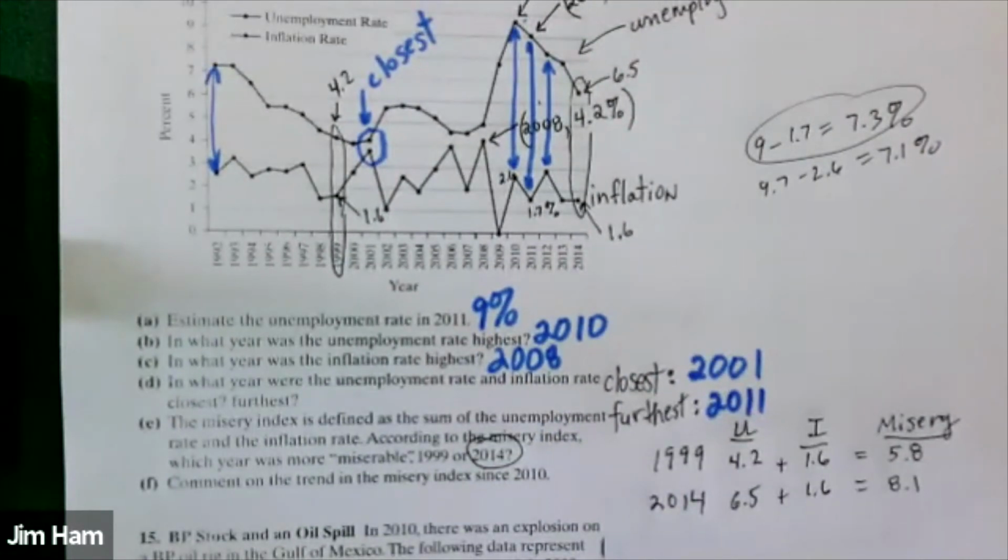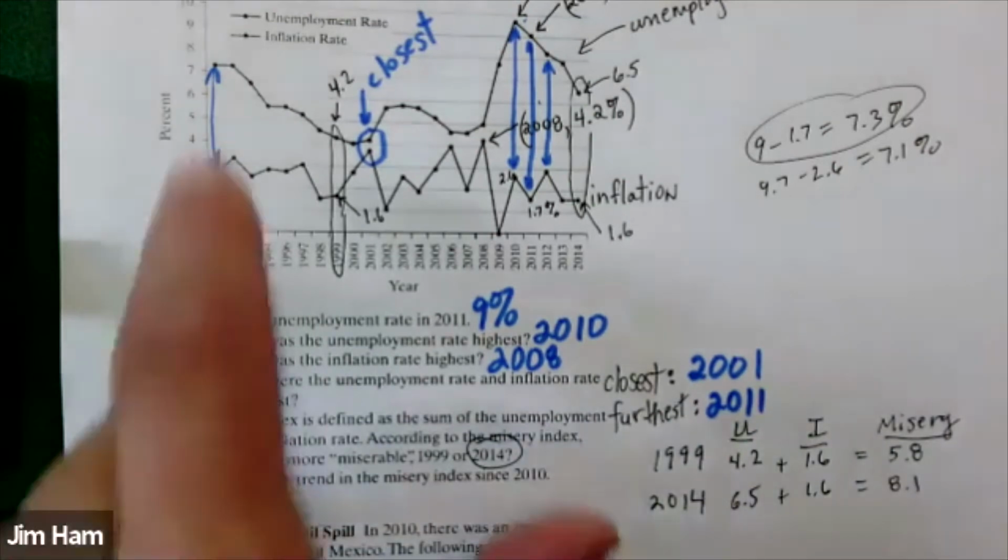The last one just says comment on the trend in the misery index. If you wanted to do that, what you would need to do is calculate the misery index for all of those numbers. Where both of those graphs are lower, you're going to have a lower misery index. If the graphs are higher, you're going to have a higher one.